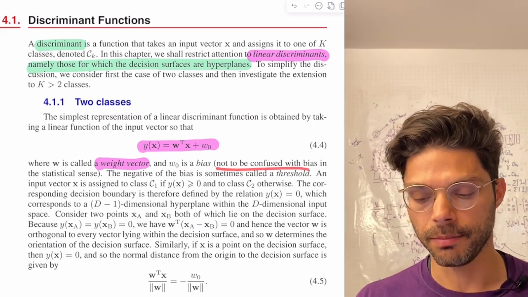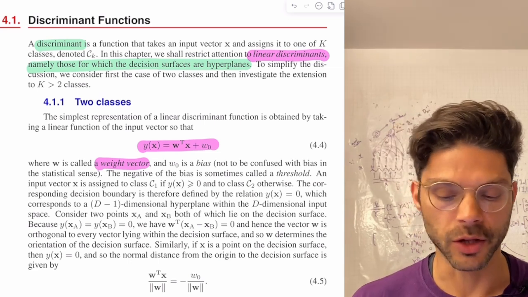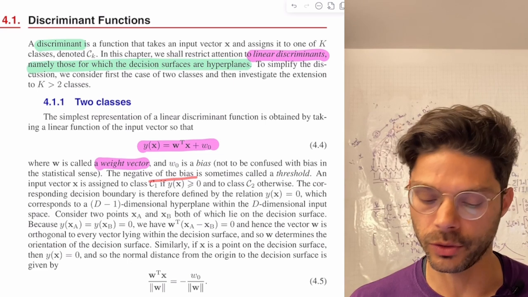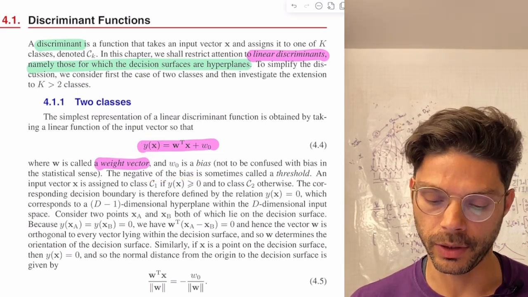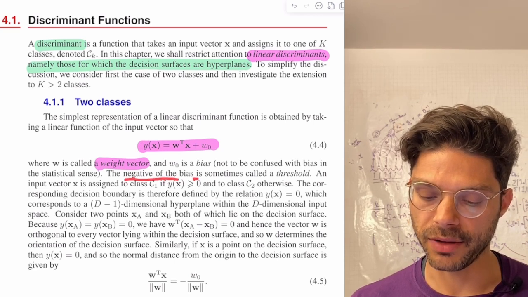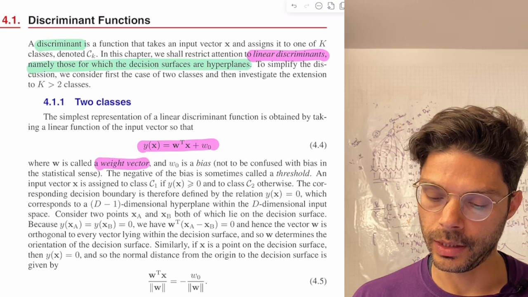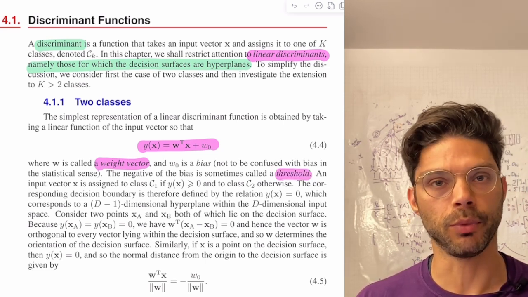This doesn't mean a bias in a statistical sense where your estimator is off from the true value by some amount. You can think of it basically as a threshold for exciting this particular unit. The negative of this bias is sometimes called a threshold. Or you can think of it as its value, its activity, when the input is 0.